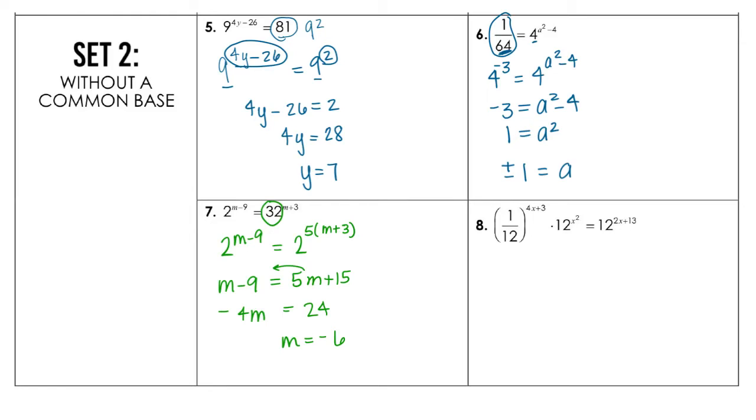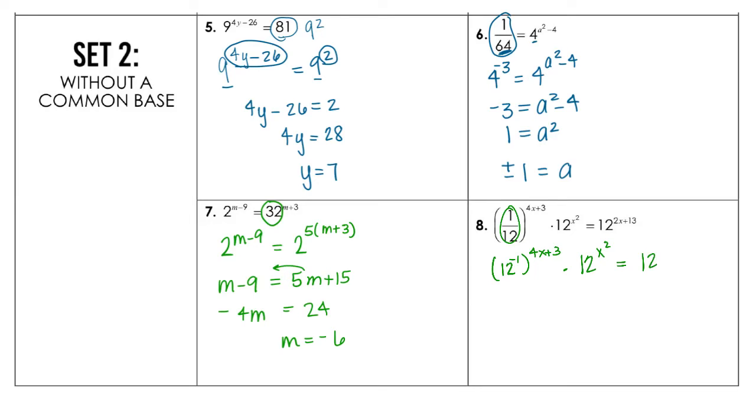Right, similar process over here. Number 8, our base is 12. I do need the reciprocal here, and so I know I need to multiply by negative 1. So I know 12 to the negative 1, and then we still have our 4x plus 3. That's going to be how we need to flip over that exponent.